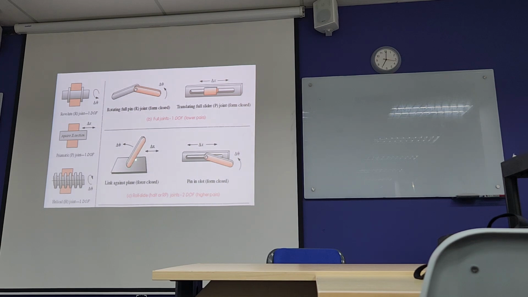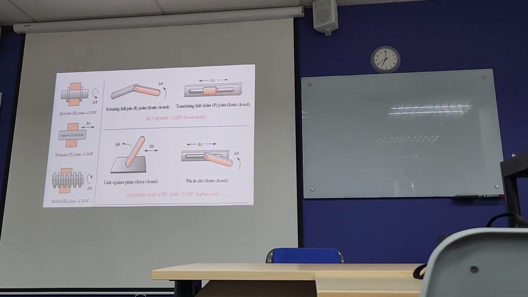Now here, this is a roller slide. In this case it has both linear displacement and angular displacement, so the degree of freedom is 2. Similarly here, the degree of freedom is 2. This is a revolute joint, angular displacement only, degree of freedom 1. This is a prismatic joint, degree of freedom 1.